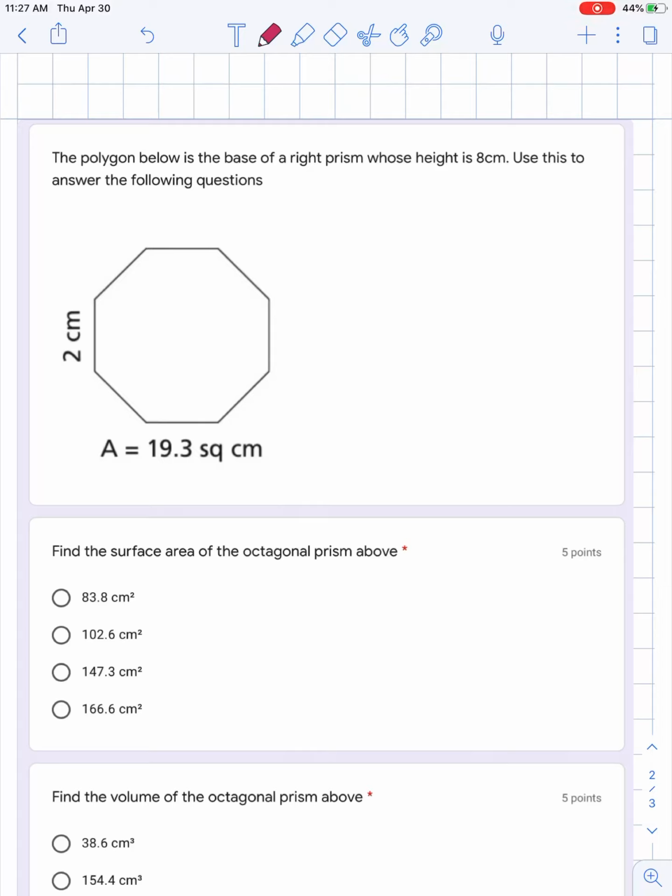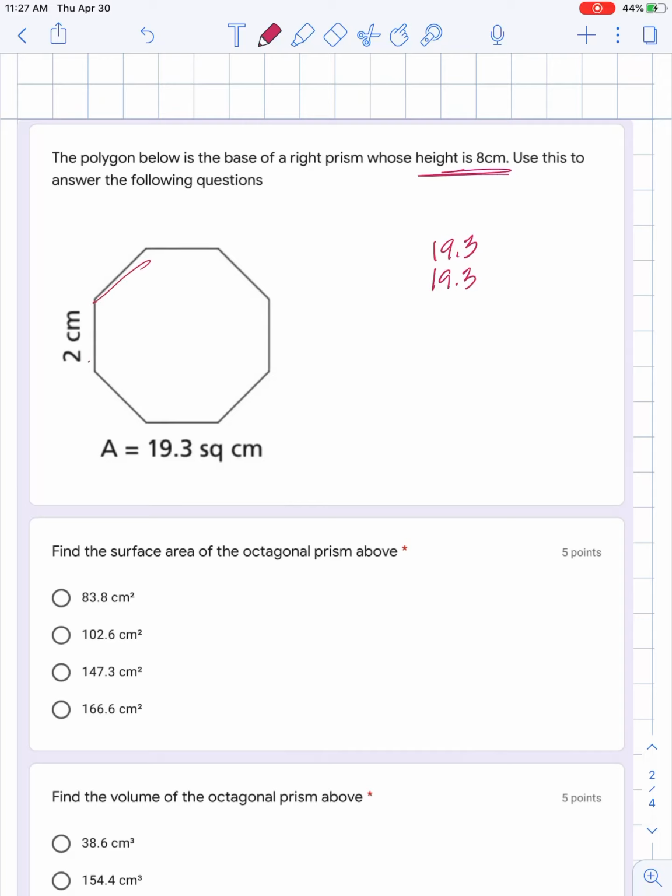And I didn't specifically walk you through this, but you all know what the surface area is. So let's think about it. If the area of this base is 19.3, right? So we're going to have 19.3. That's the area of the bottom, which means it's also going to be the area of the top. So we're going to have that twice, 19.3. They tell us that the height is 8 centimeters.